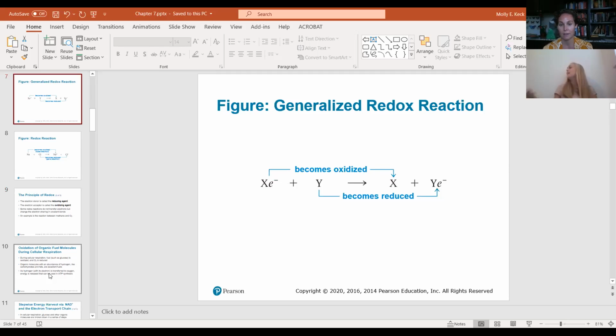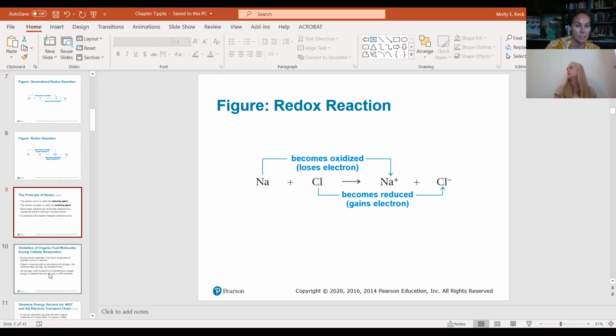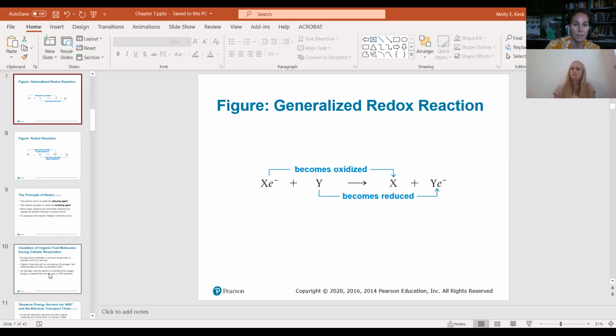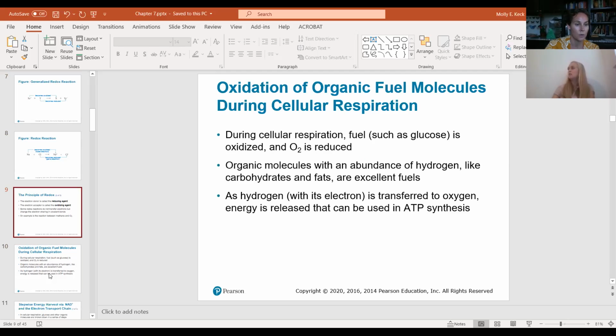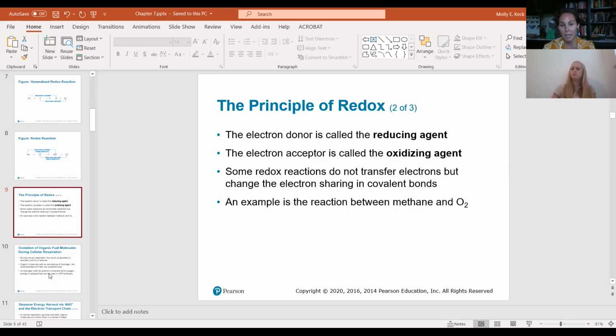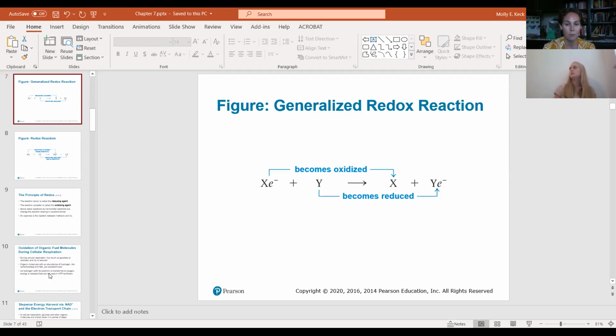X became oxidized, but since X gave away its electron, it is the reducing agent. And the electron acceptor, which is Y, became reduced, but it was the oxidizing agent. So the agent is the reactant, on the reaction side, and what becomes reduced or oxidized is on the product side.